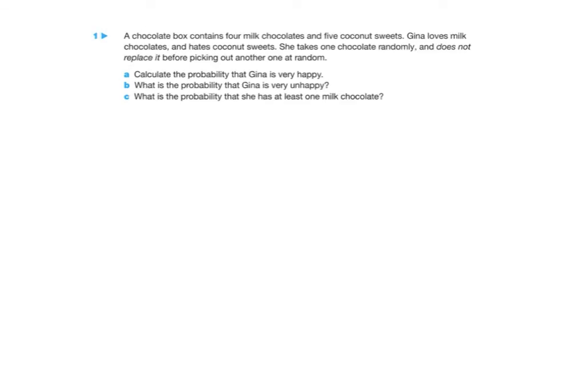Now it says a chocolate box contains, this is on page, what page is this? This is on page 259. Oh, sorry, the one about Marion, that was page, let's quickly check. Where's she gone? Oh, that was 252. Yeah, and this is 259.